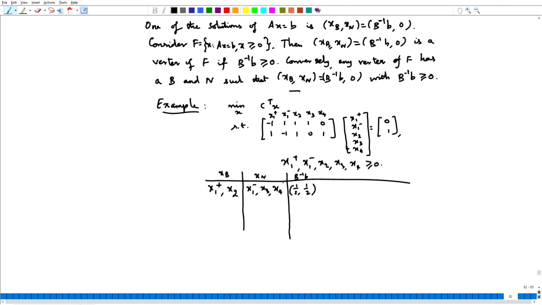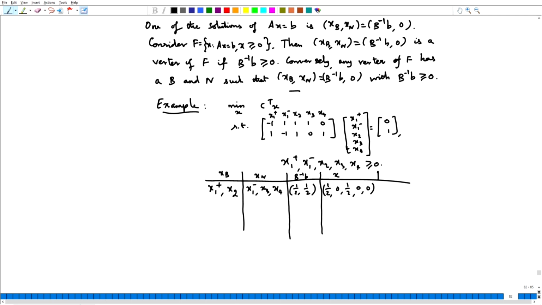So, x1 plus is half and x2 is half as well, right. Minus half plus half is 0, half plus half is 1. So, that is all it is, and xN is actually 0. So x turns out to be half, 0, half, 0 and 0.